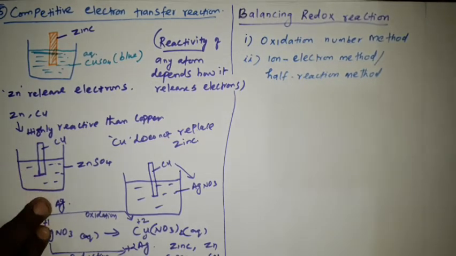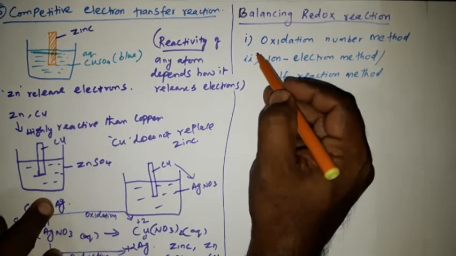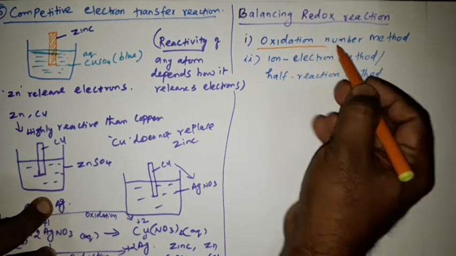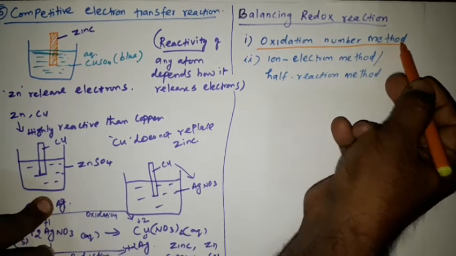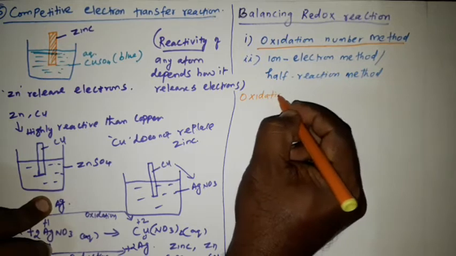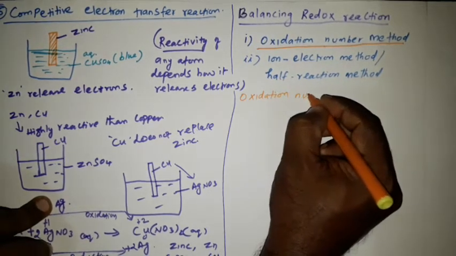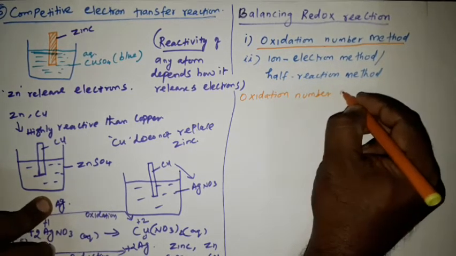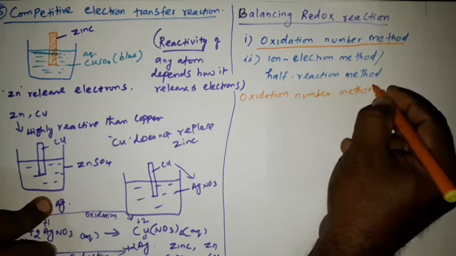So there are two types of balancing methods. First one is the oxidation number method. Second type is the ion electron method. Now in this video we are going to discuss the oxidation number method.